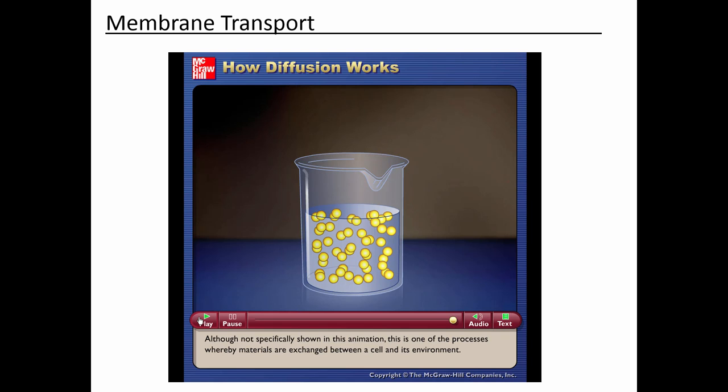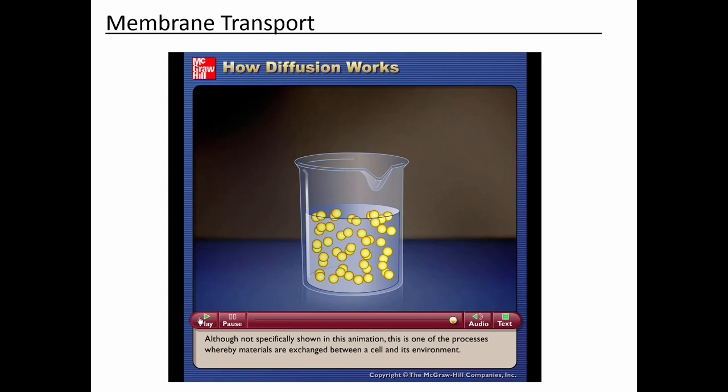So as you increase the concentration gradient, that's going to increase the diffusion rate. So to say that in a different way, as you increase the difference in concentration between the two sides, the diffusion rate's going to go up. And then the opposite's going to happen. If you decrease the concentration gradient, then that's going to decrease the diffusion rate.